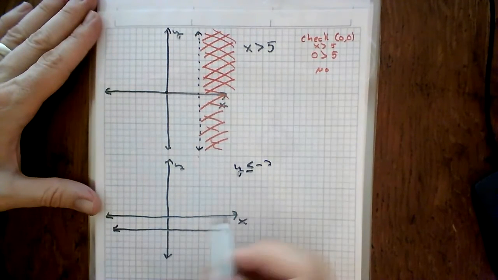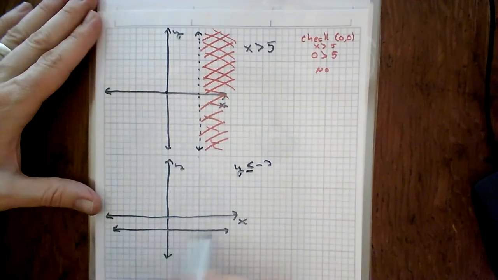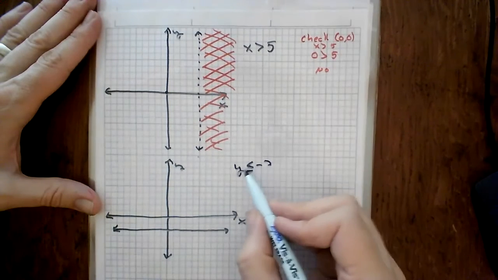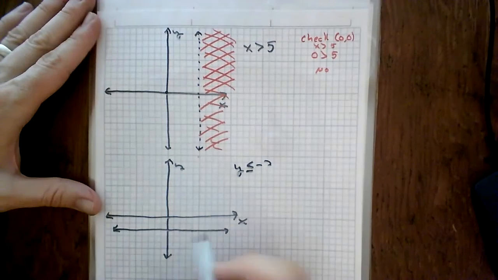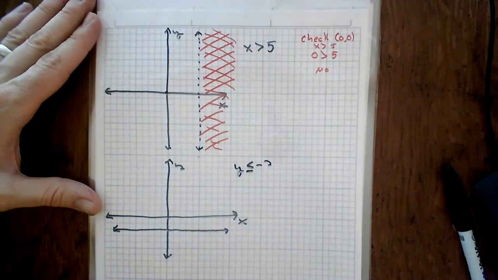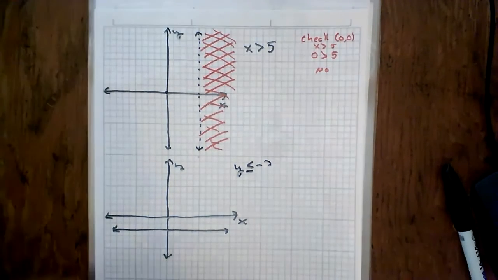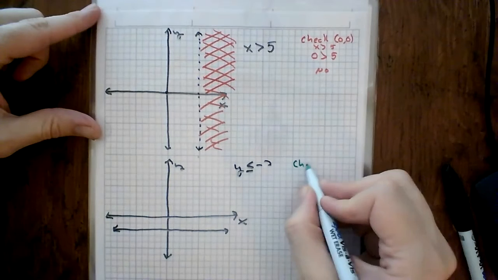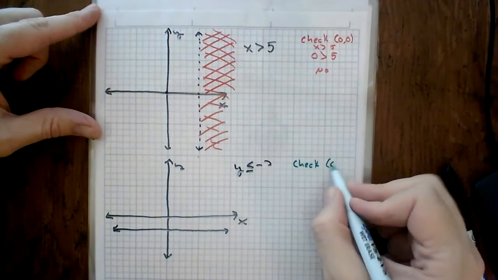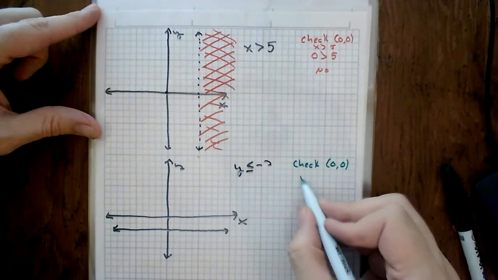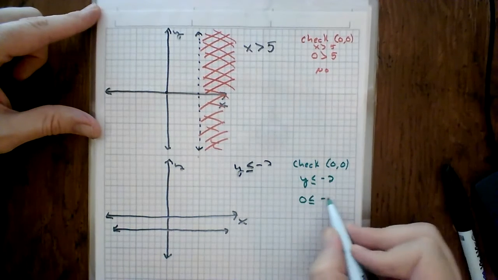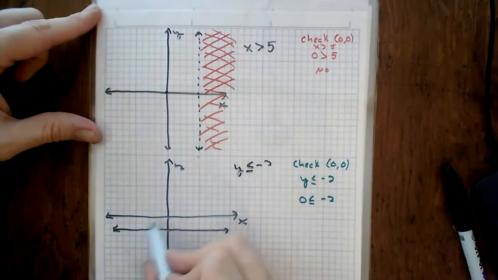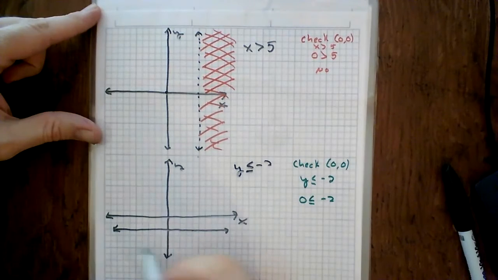If I test our origin again, 0, 0, with y less than or equal to -2, is 0 less than or equal to -2? Actually, it isn't. So instead of shading in above this line, we're going to shade in below it.